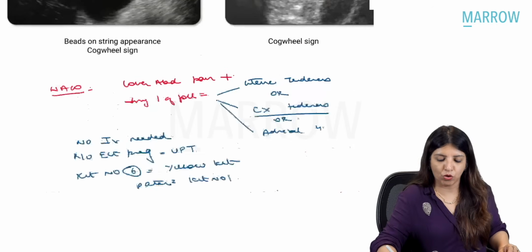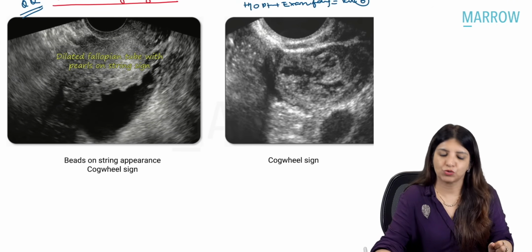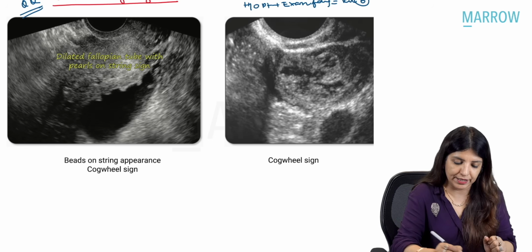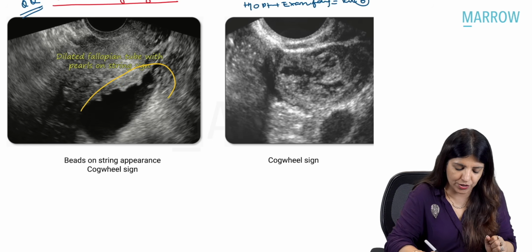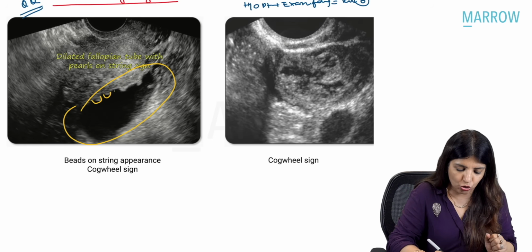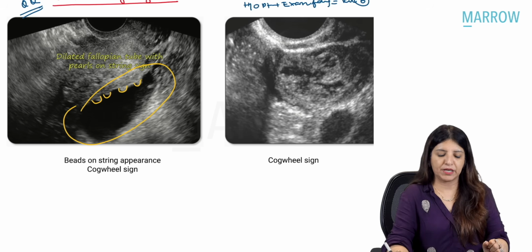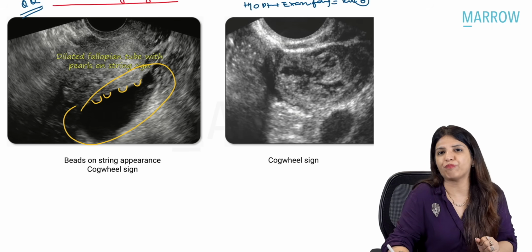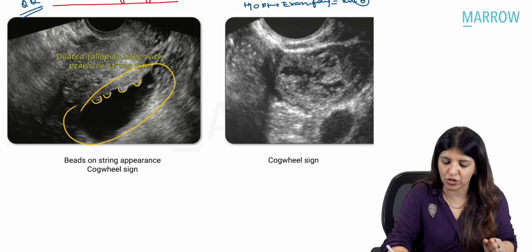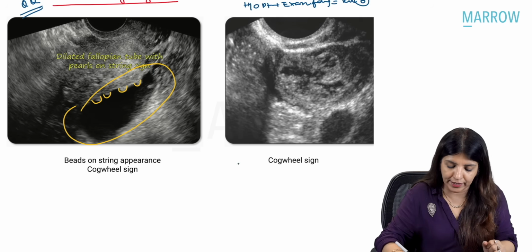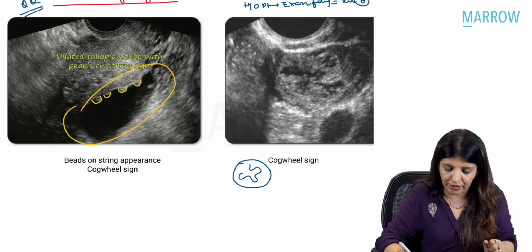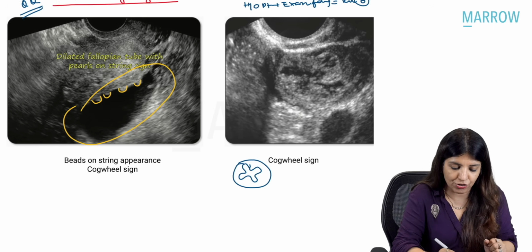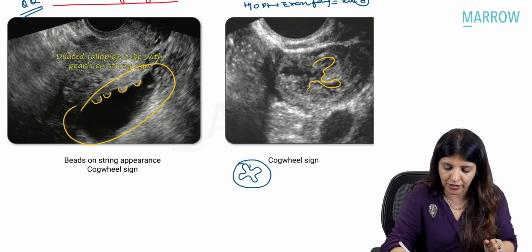Right? Now I want to show you the ultrasound signs. Number 1 ultrasound sign: you can see that over here is the tube, and on the tube it appears as if beads are present. This is called beads on string appearance. So in case of PID on ultrasound, you can get a beads on string appearance, or you can get a cogwheel appearance like this. This is an ultrasound which had come this time in your NEET-PG.